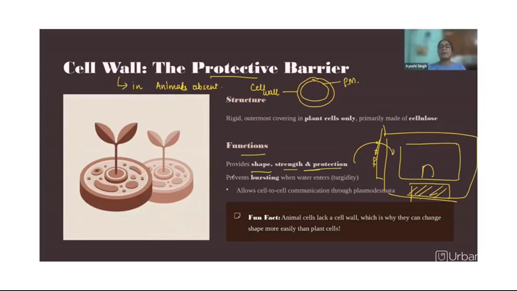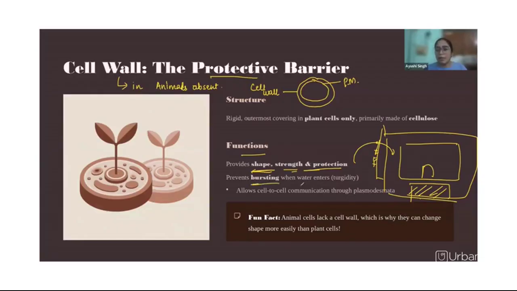Because the plants cannot move. They cannot go to a certain place in different weather to hide or protect themselves, right? And a lot of animals or insects can eat them, so that's why plants have one more extra protective layer which provides shape and strength also.